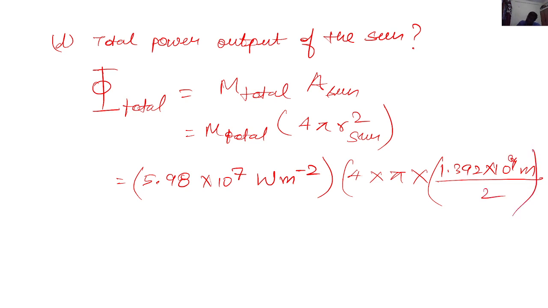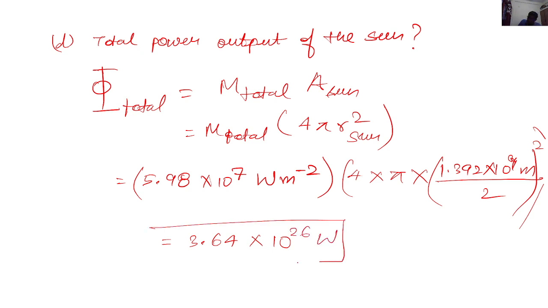So this would be the radius and square it. So we get it as 3.64 into 10 to the power 26 watts. So it's a huge number, the total power output of the sun.